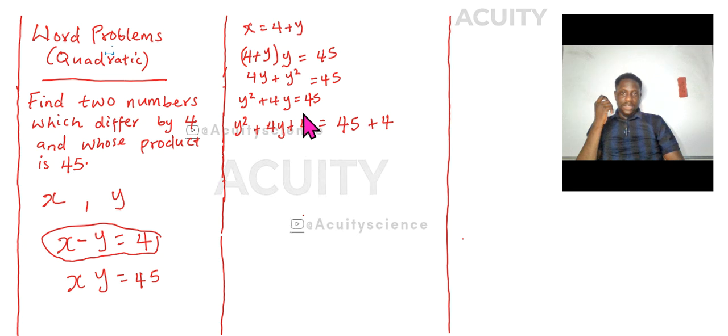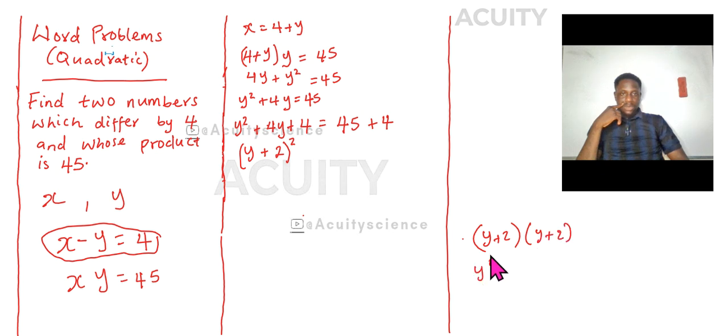This here is the number we add to make it perfect. So what is the perfect square? We can actually factorize this, or we can just look at it and tell that the perfect square is y plus the coefficient of y divided by 2, which is 2, raised to power 2. Because if we actually do this, we say y plus 2 times y plus 2.